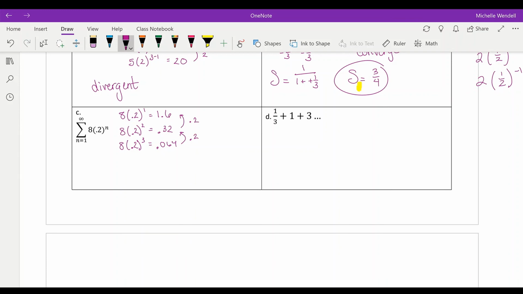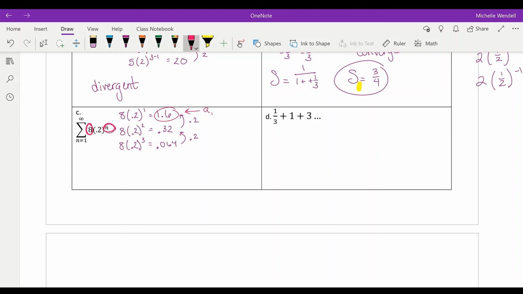But notice my first term is 1.6. You might ask, okay, well, why isn't the first term 8? Well, if you look at my exponent here, my exponent isn't n minus 1, it's just n. So when I plug in a 1, what it is evaluating is my first term, not the n minus 1.